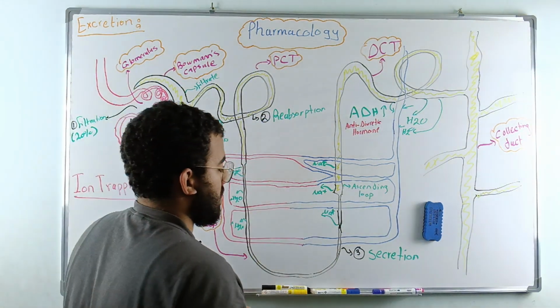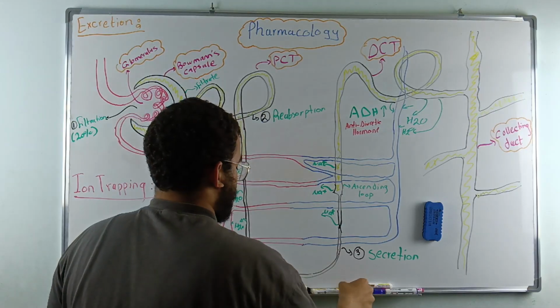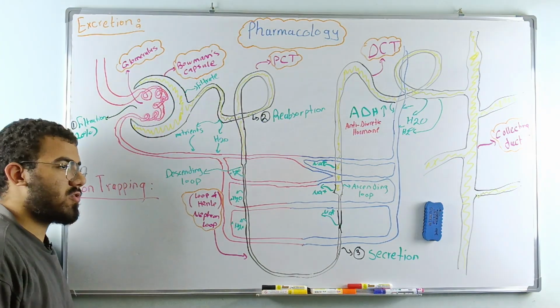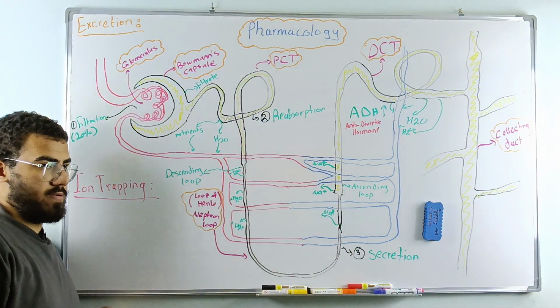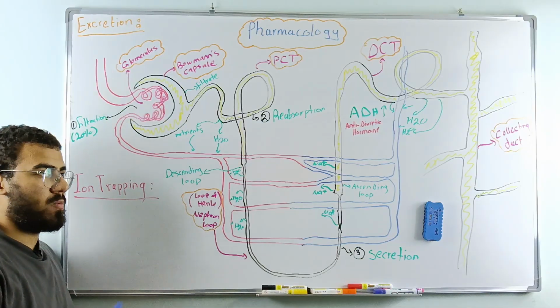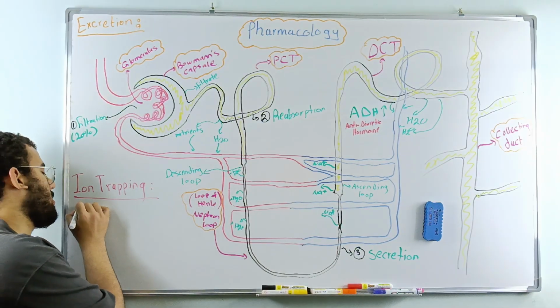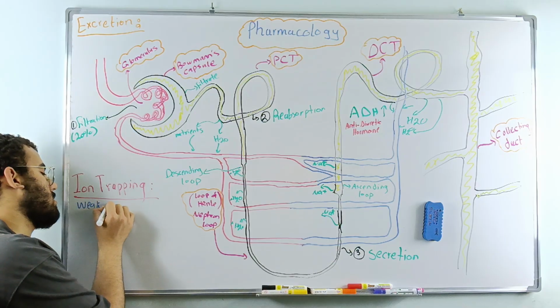What is ion trapping? For example, let's say that you overdosed or took a very large dose of aspirin or phenobarbital, and both of them are weak acids.